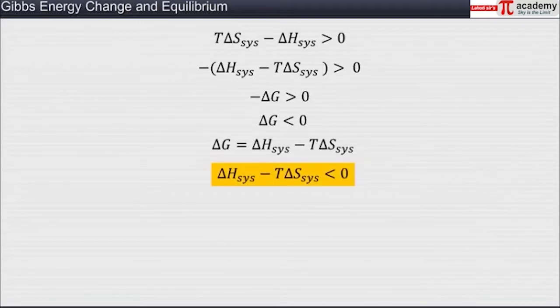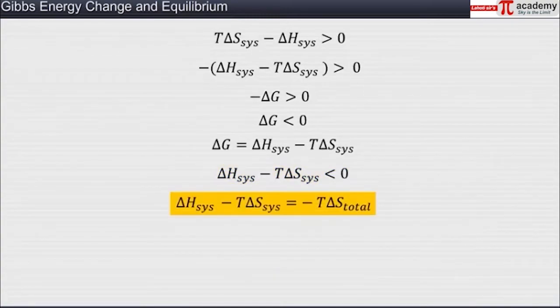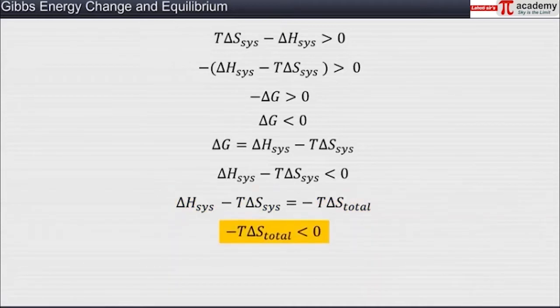Therefore, delta H system minus T delta S system is less than 0. But delta H system minus T delta S system is equal to minus T delta S total, which means that minus T delta S total is less than 0.